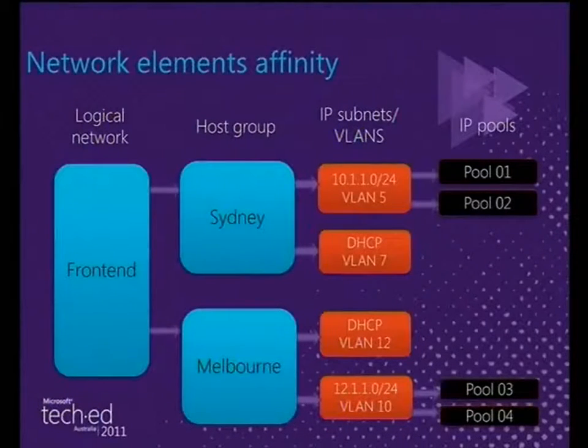Then we have host groups, let's say in Sydney. I have my servers in Sydney and I have my servers in Melbourne. Can you see that the end user will only see front end?